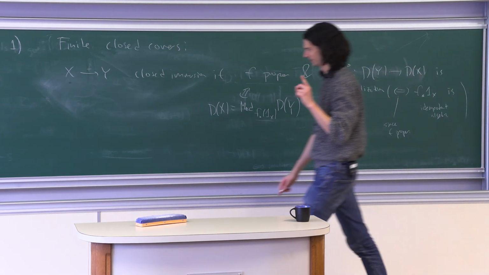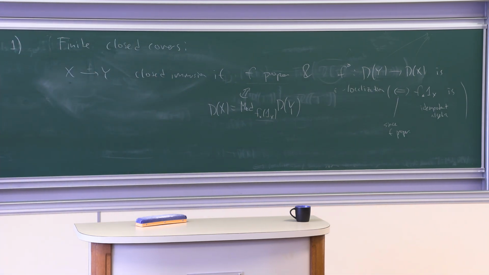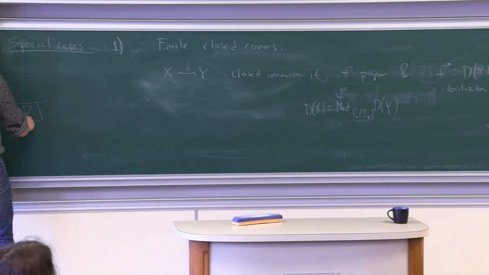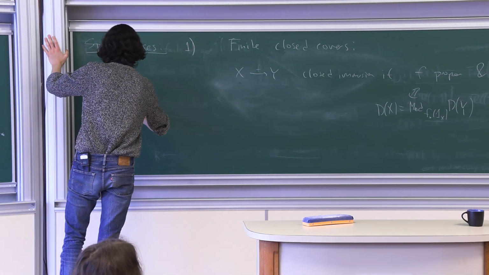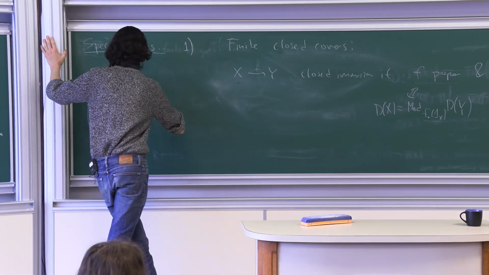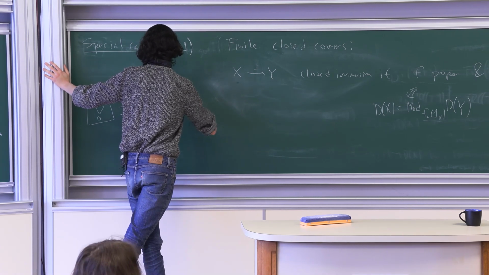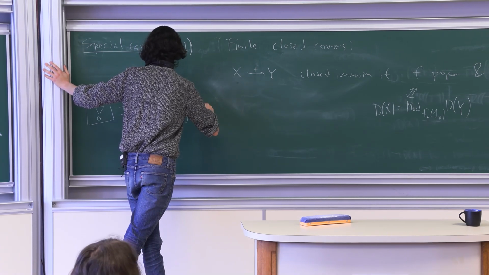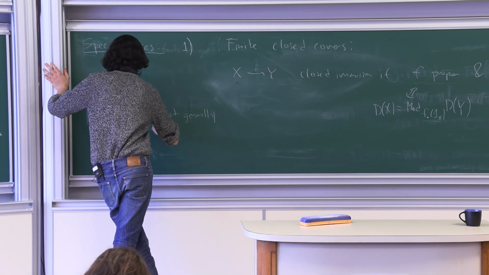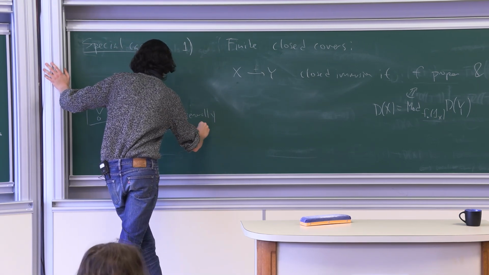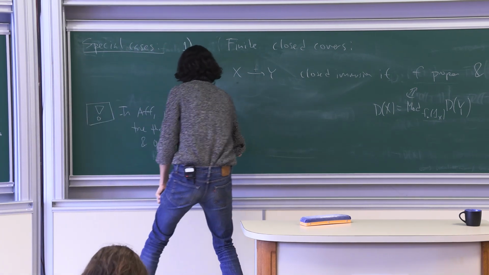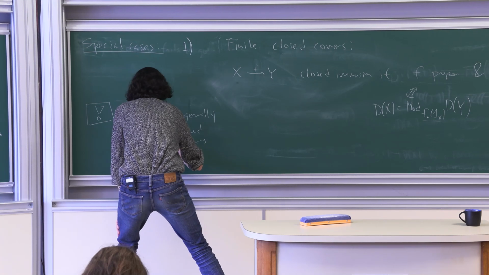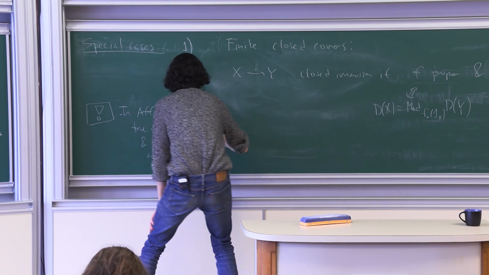So now let me make a warning. In AF, on the level of these affinoids, it's not generally true that closed and open immersions are in bijection, say with the same target.